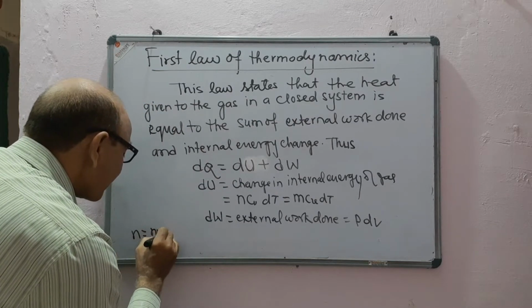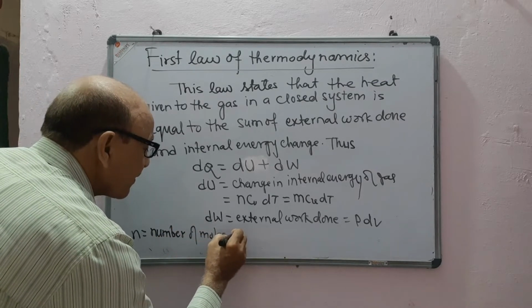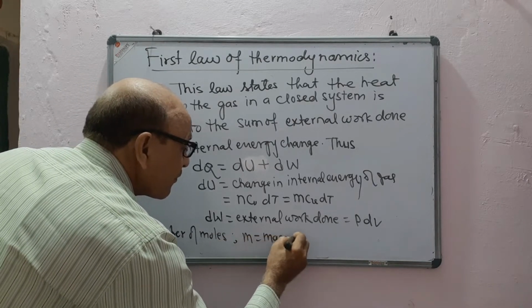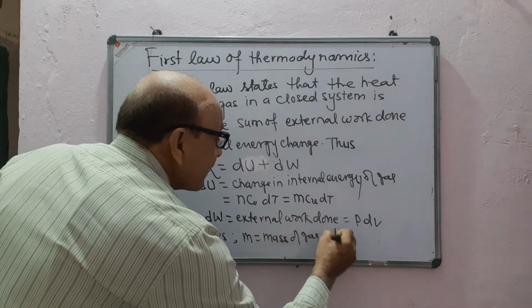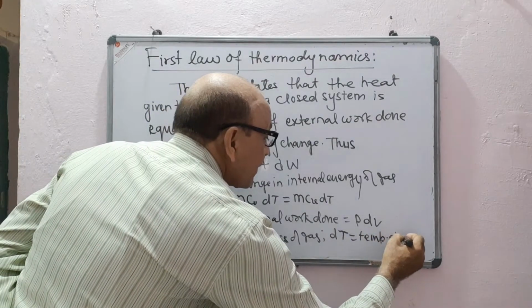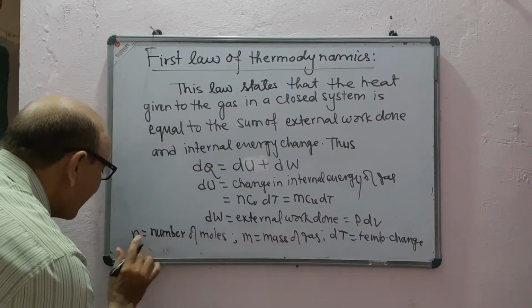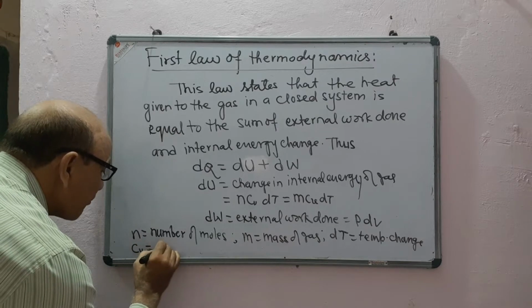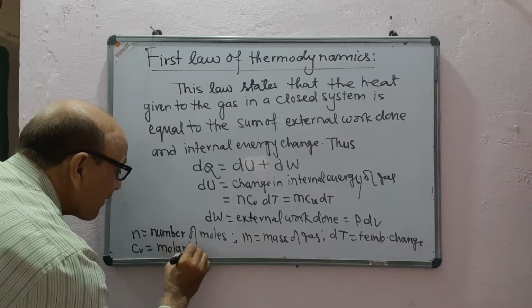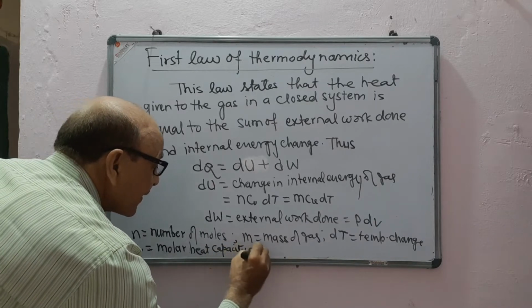Here n is number of moles, m is mass of gas, dT is temperature change, Cv is molar heat capacity at constant volume.